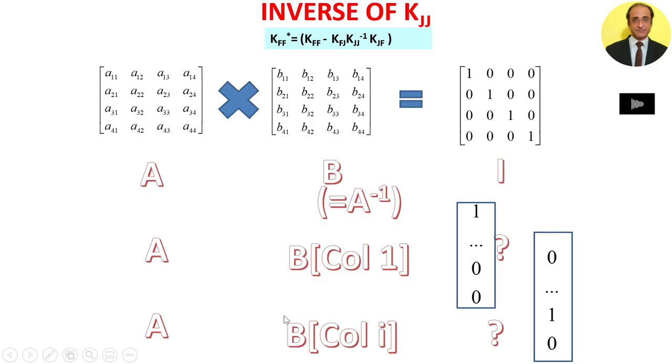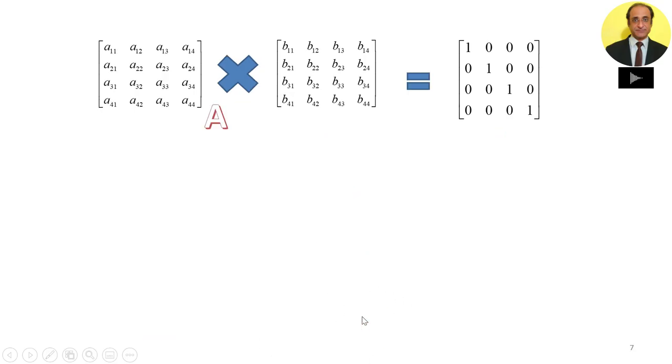This gives us a hint that if we are using Cholesky's algorithm, and we have the matrix A and the end result with 1 at the ith position, then the solution of this by Cholesky's approach will give us the ith column of the inverse.